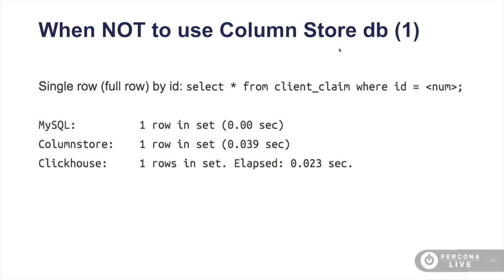Then finally, I want to talk about when you don't want to use the column store. The first, pretty obvious example is things like a single row update or delete by primary key, or retrieval. In MySQL, in InnoDB, obviously, the data is organized by the primary key. So if I want to retrieve a single row, that is the fastest operation in InnoDB.